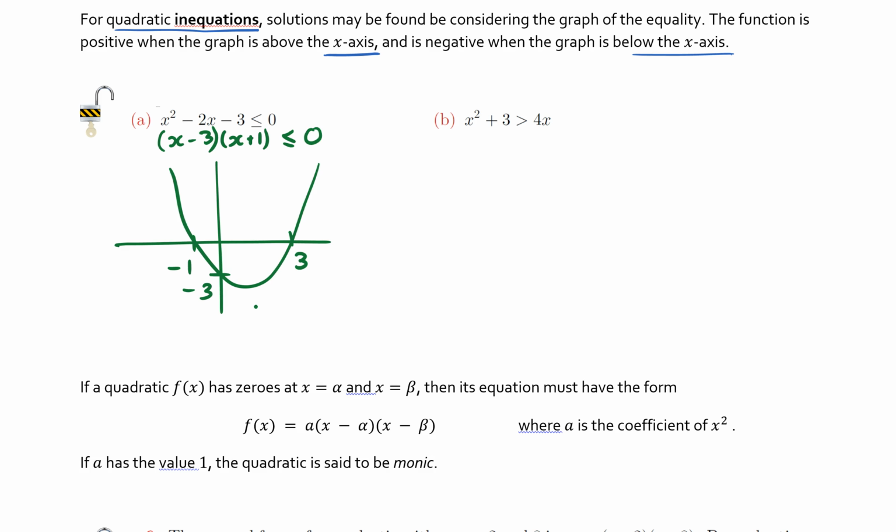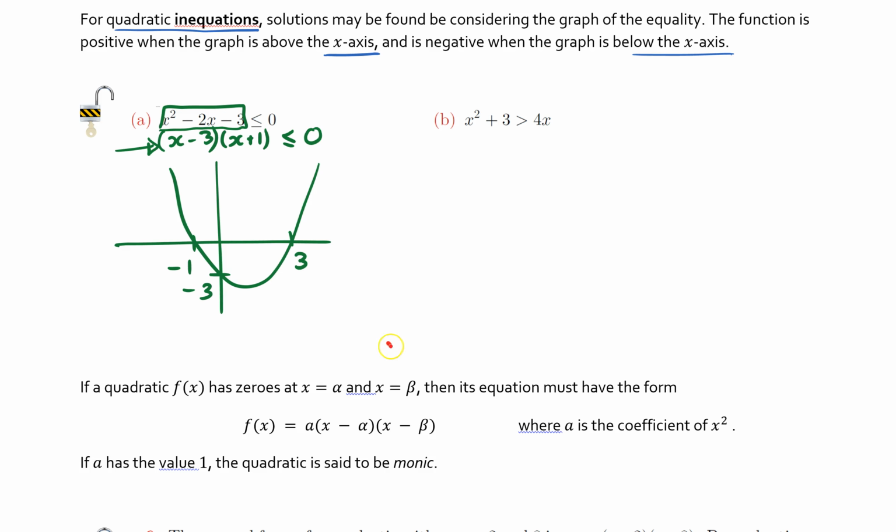careful sketch here. What we're after is where this quadratic, which is also this quadratic, is less than or equal to 0. Now, this stuff here is the parabola that we've drawn. So it's the y values of this parabola. So it's saying where are these y values less than or equal to 0?